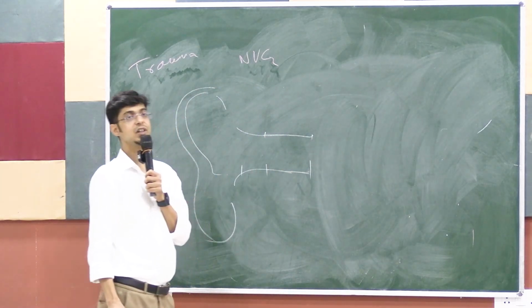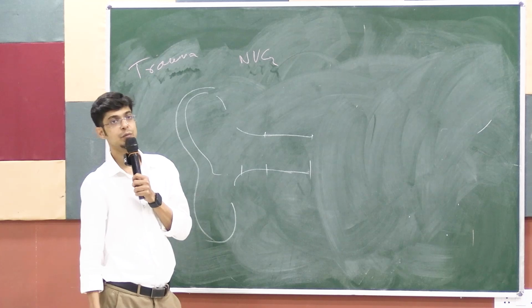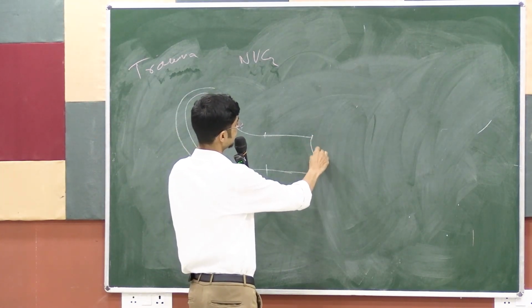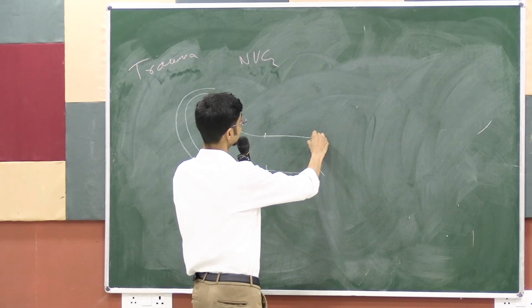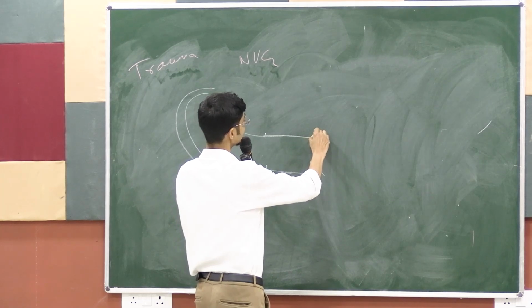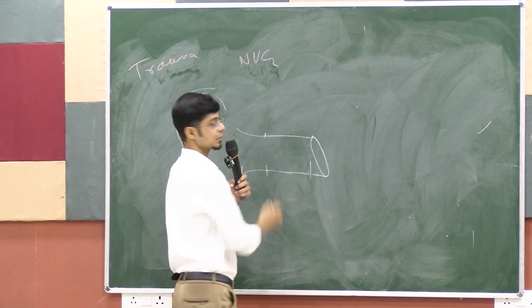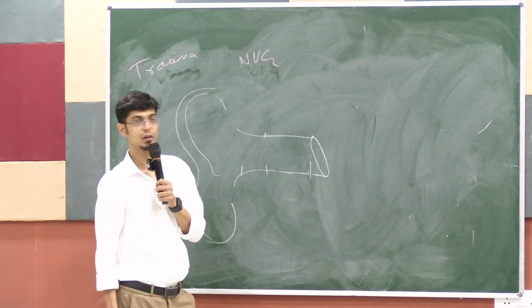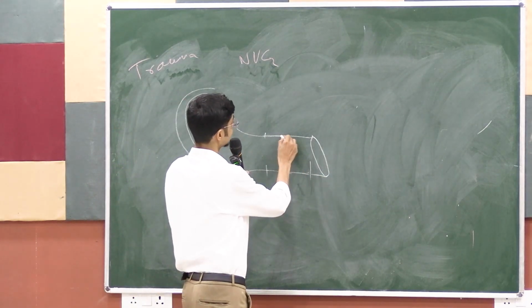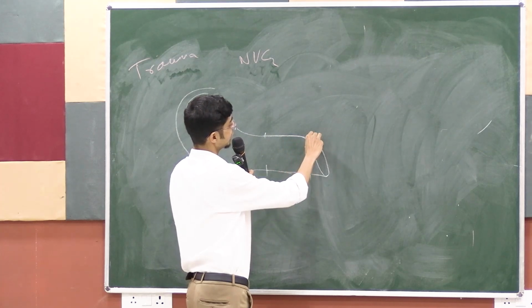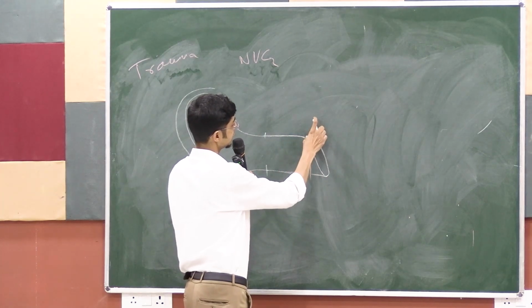And then we have the eardrum, the tympanic membrane. So, the tympanic membrane is like this. It's a bit inclined in position. Okay. And this canal forms a dip like this here.